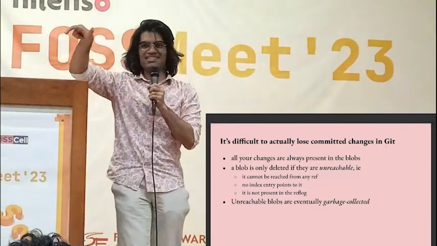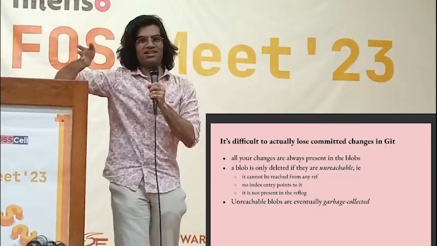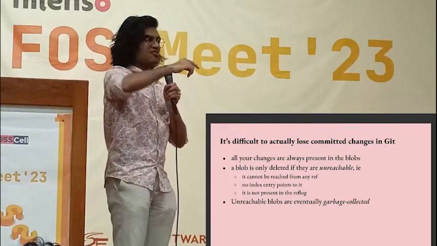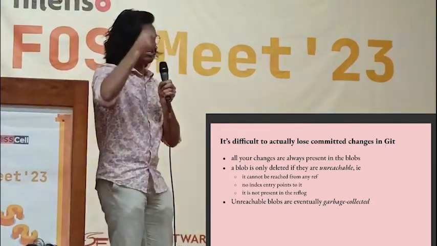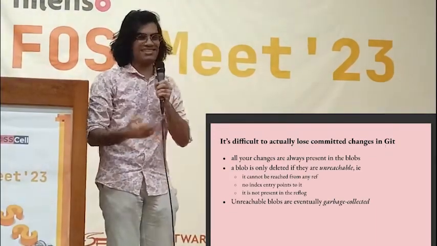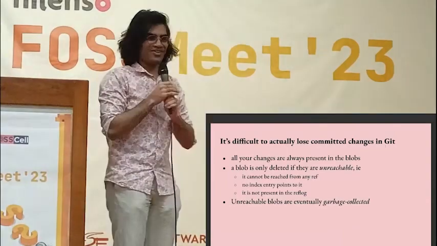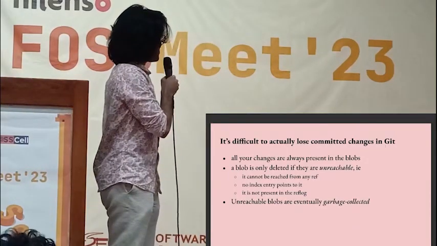I can get the hash and retrieve content that is unreachable because the ref log knows about it. So if we run out of ref log, like the ref log has a certain limit of how many such records are there, then it is actually possible to lose your changes, but that's really hard to do. You'd be surprised how hard it is to lose your changes once you've committed it.